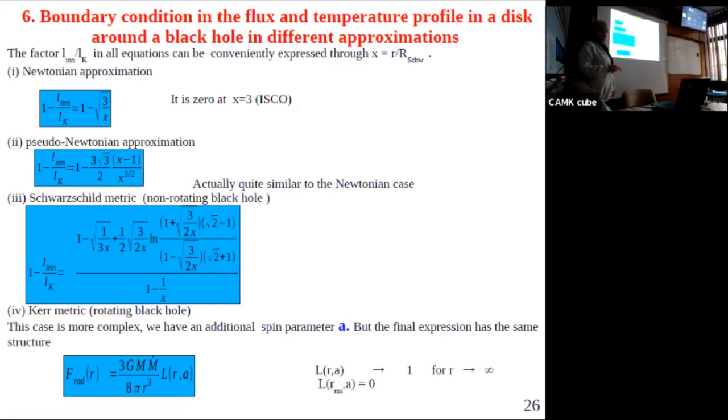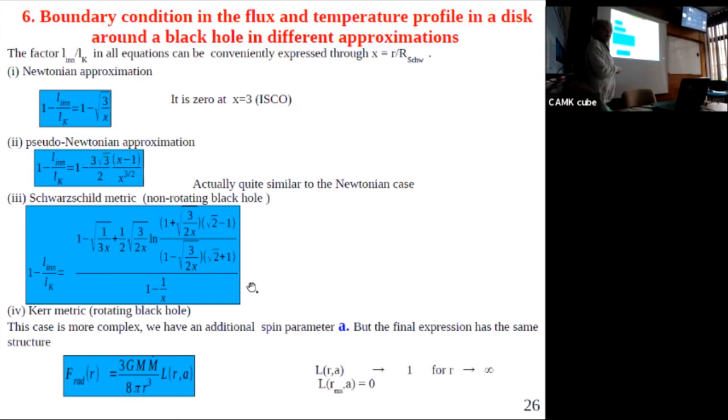So it is important for the final computation of the accretion disk spectrum which approximation you use. The problem is that numerically these things become more complicated.